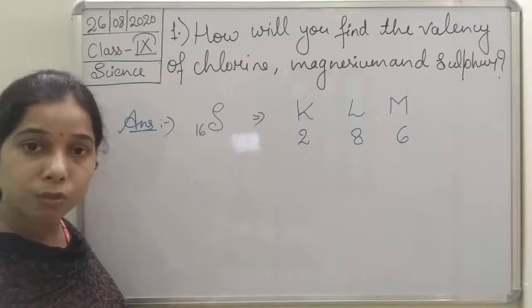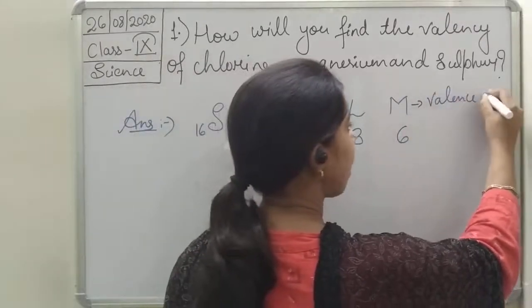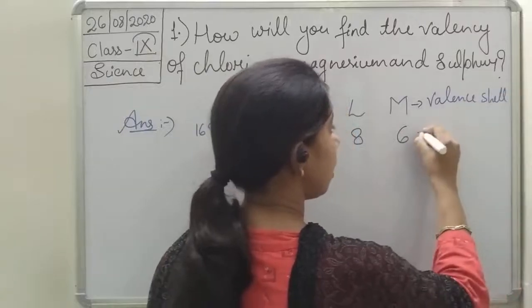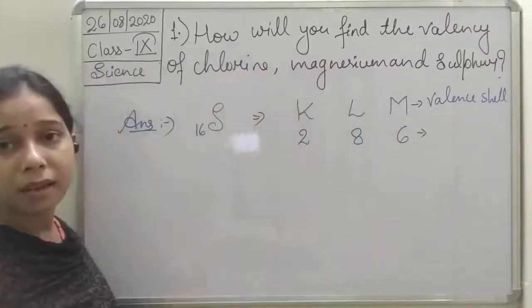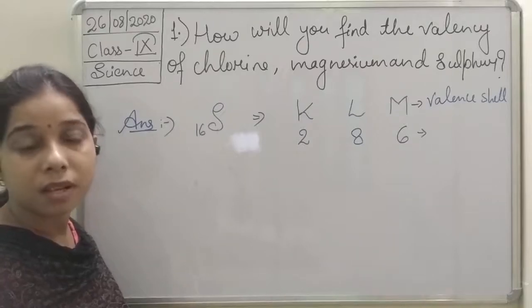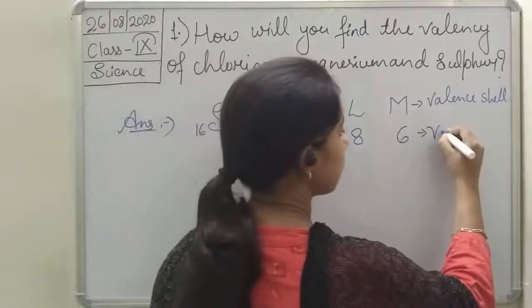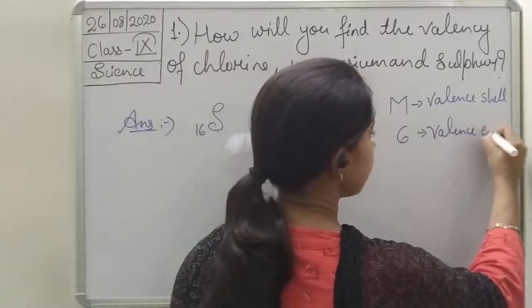That is the outermost shell. So we will say that M is what? It is the valence shell. Now since this is the valence shell, the electrons present in the valence shell will be the valence electrons. So we will say that this is the valence electron.